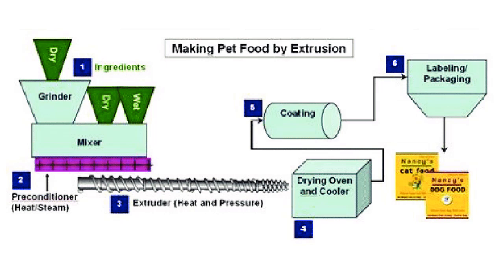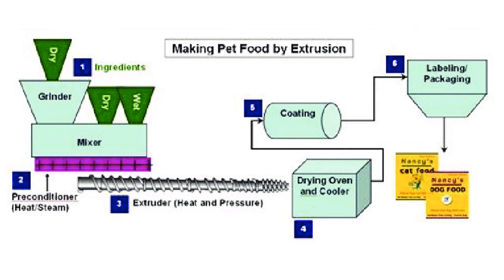Here once again we can see the complete flow of operation in extrusion processing of dried pet foods. On the left side top, number one is the different ingredients. They should be made ready and weighed as per the formulation. Then there is pre-conditioning or heating.